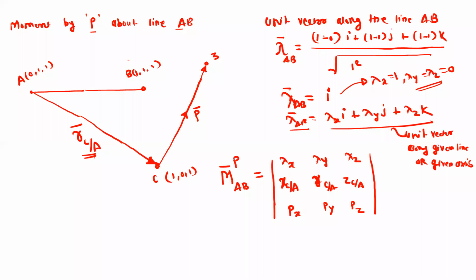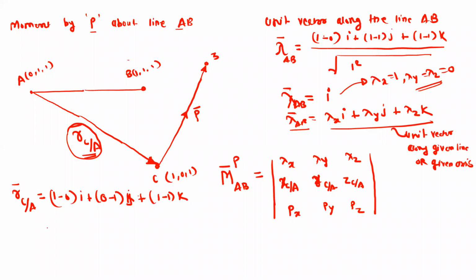So we will try to find out this vector. r bar C/A is equal to C minus A, so it will be 1 minus 0 into i plus 0 minus 1 into j plus 1 minus 1 into k.